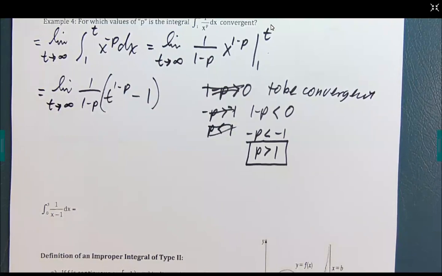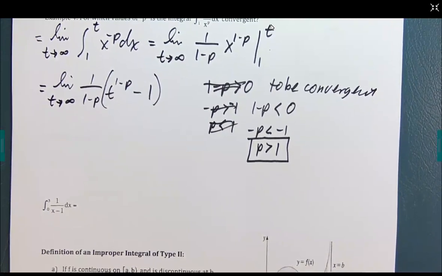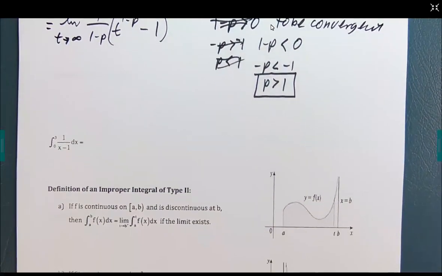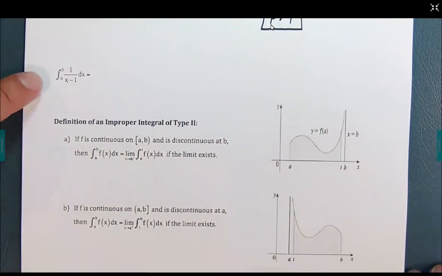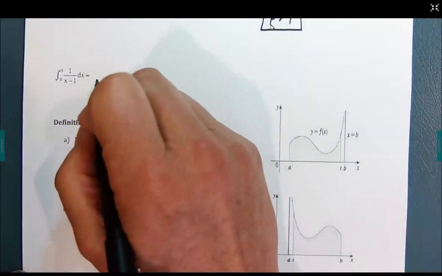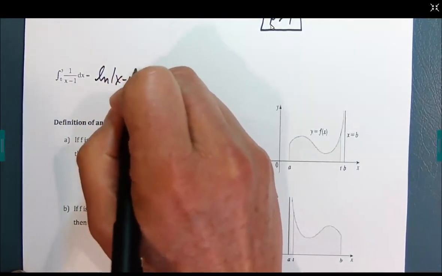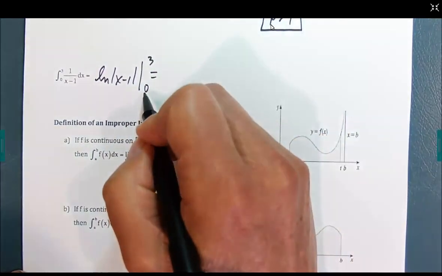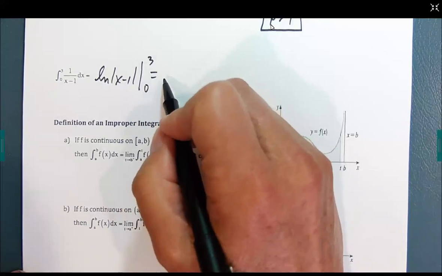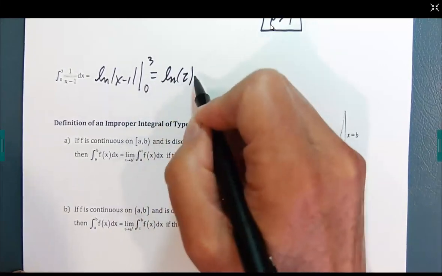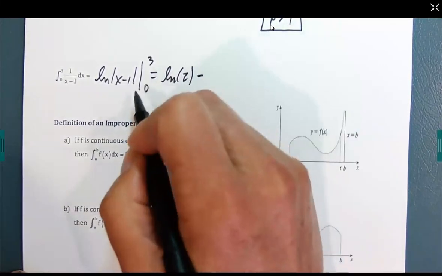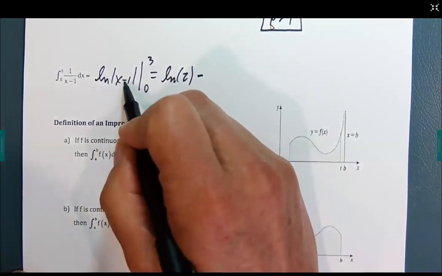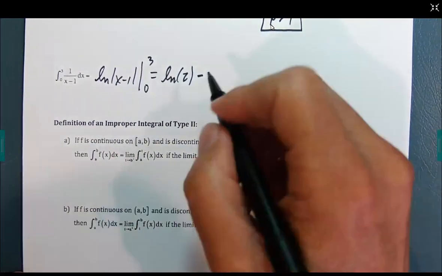All right, so let's take a moment and switch gears a little and say, I'm going to integrate this. No problem. This becomes ln of the absolute value of x minus 1, going from 0 to 3. When x is 3, I'm going to get ln of 2. And when x is 0, I'm going to get negative 1, but it's the absolute value of negative 1, so the whole thing goes to 0.